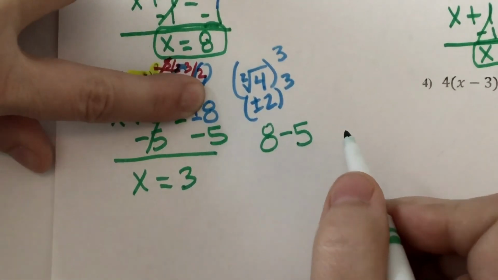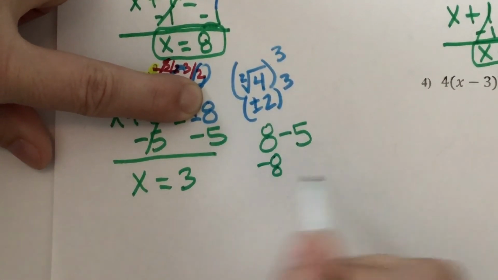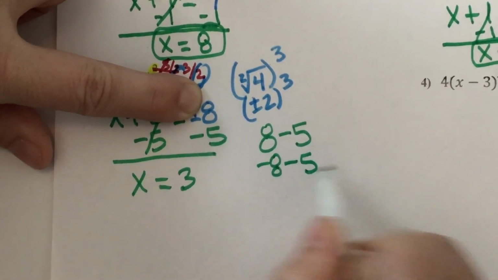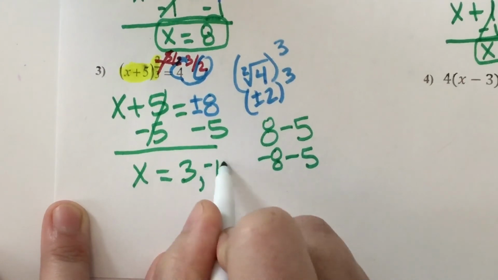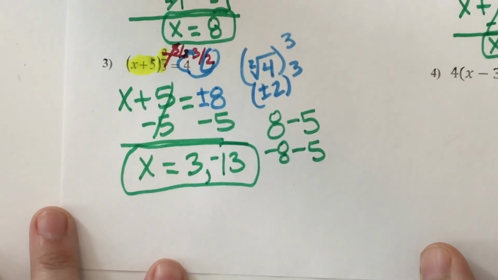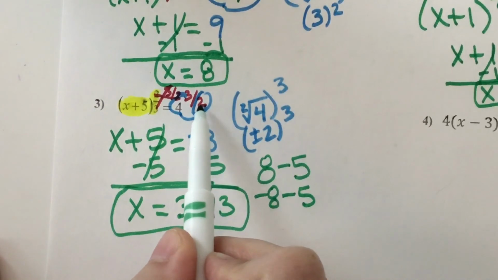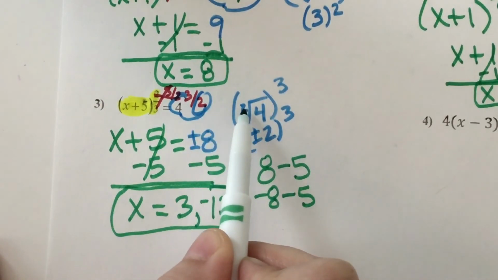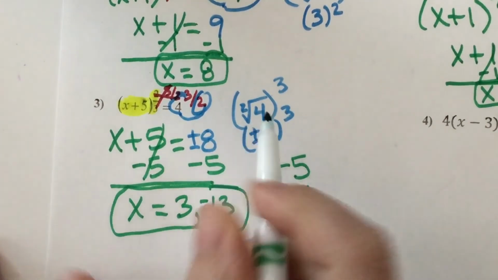Then it's telling me to take my negative 8 and subtract 5. And what's negative 8 minus 5? Negative 13. And those are my 2 final answers. Okay, what'd you think? Just remember, if this denominator is even, you're taking an even root. And when you take an even root, there's a plus minus.